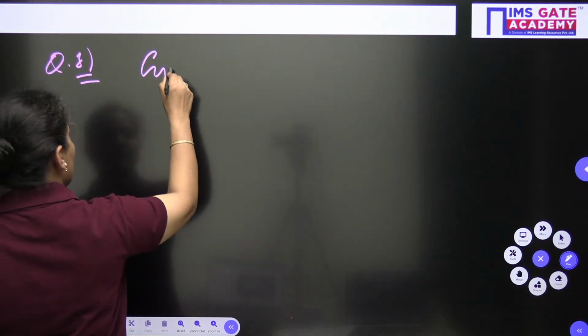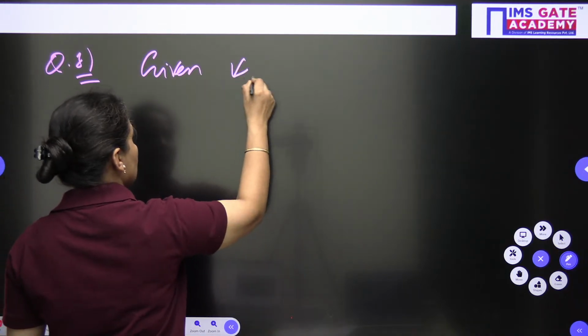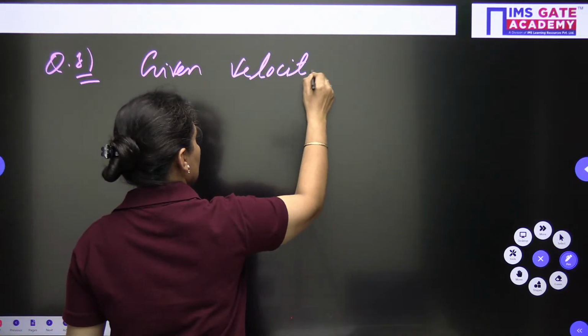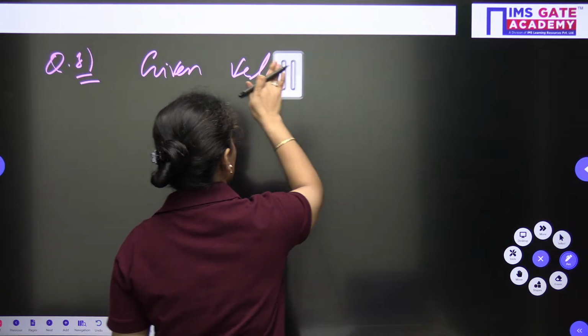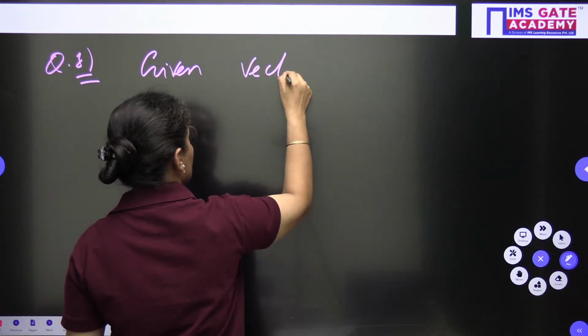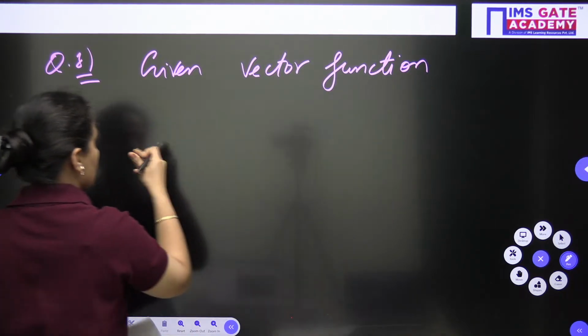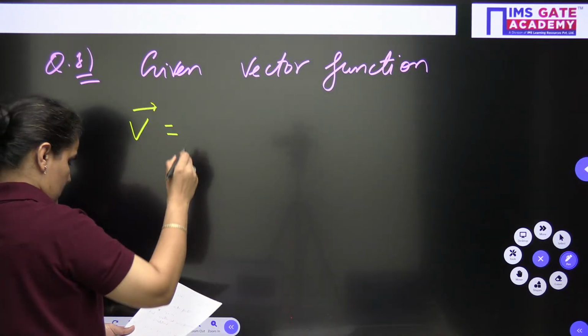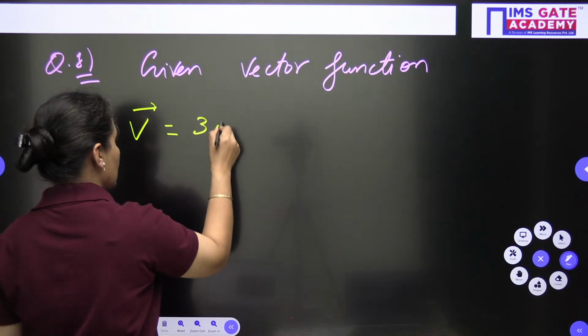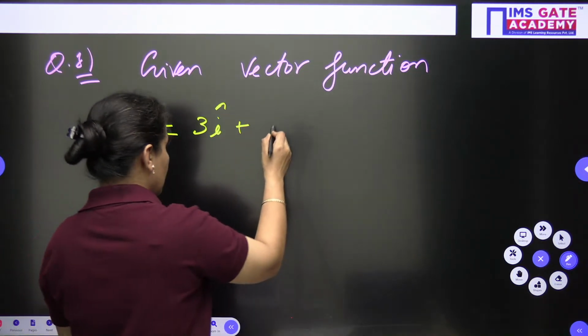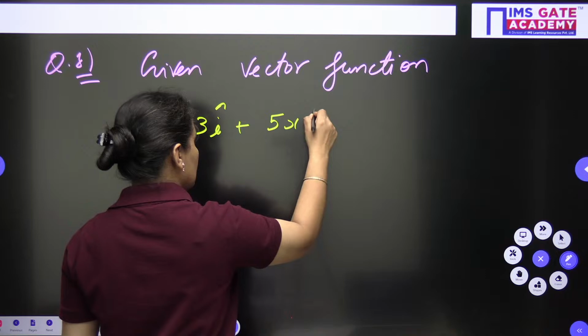The very simple question we are having: it's given a velocity vector function v, which is 3i cap plus 5x j cap.